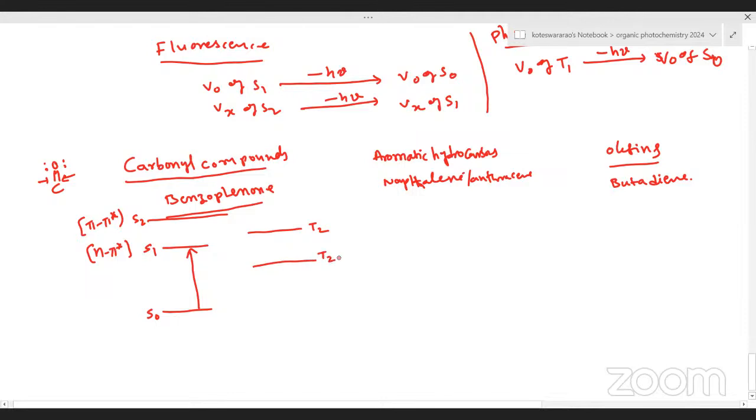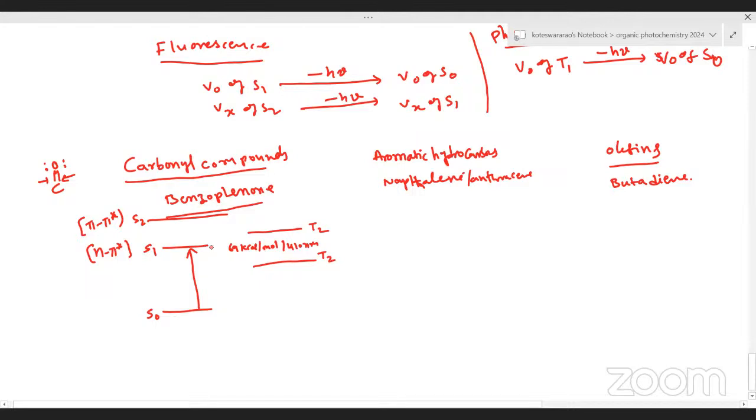Now look at the energy gap between S1 and S2, the gap between these two levels is just 69 kilocalories per mole. It is just enough to reach the T2 state by providing just 410 nanometers of radiation.